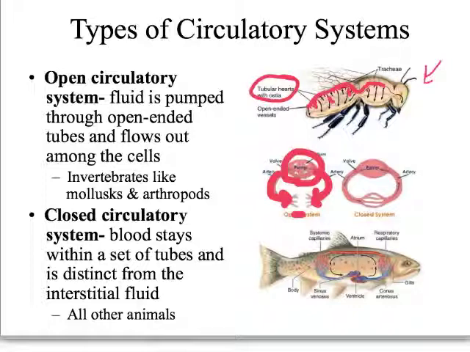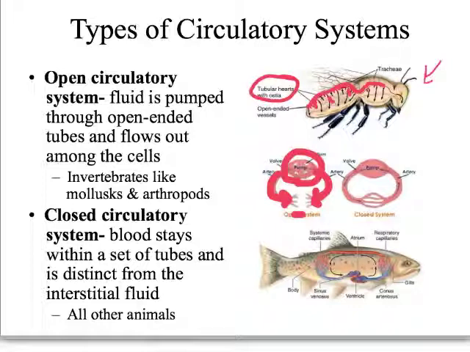Now, in a closed circulatory system, the blood stays within a set of tubes and is distinct from the interstitial fluid. Interstitial fluid is just fluid that is found in and among tissues of the body.